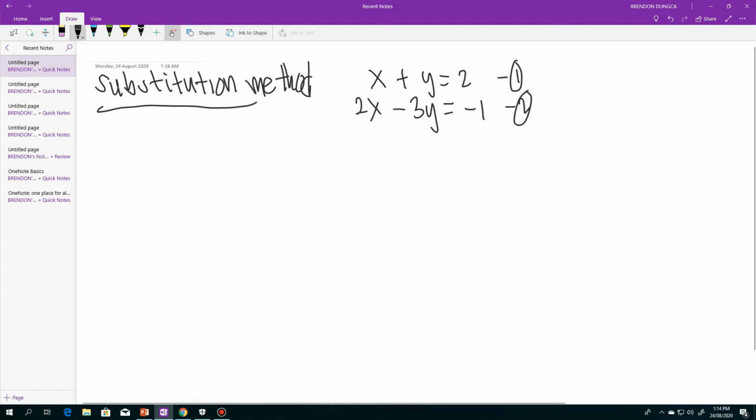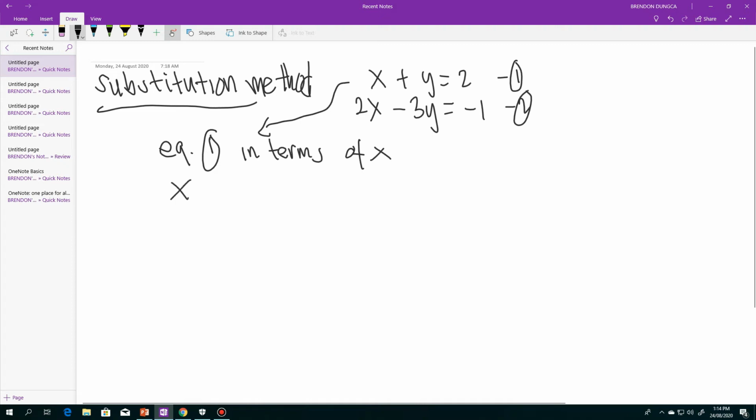Okay, so since we are using the substitution method, our first step is to use the first equation and equate equation 1 in terms of x.